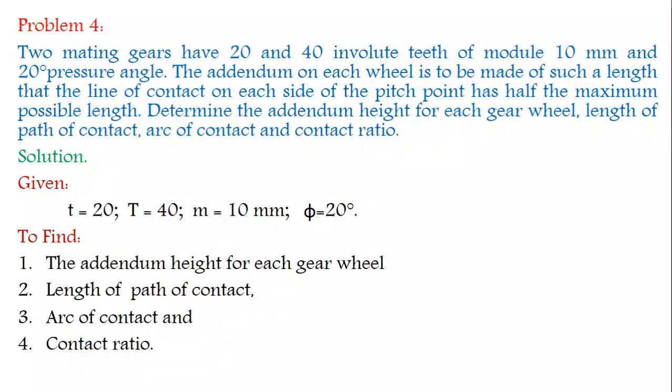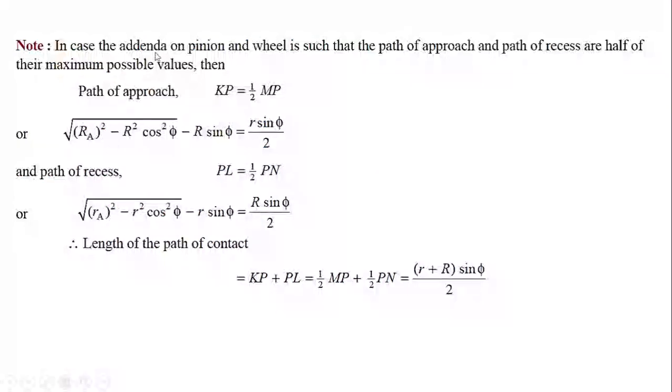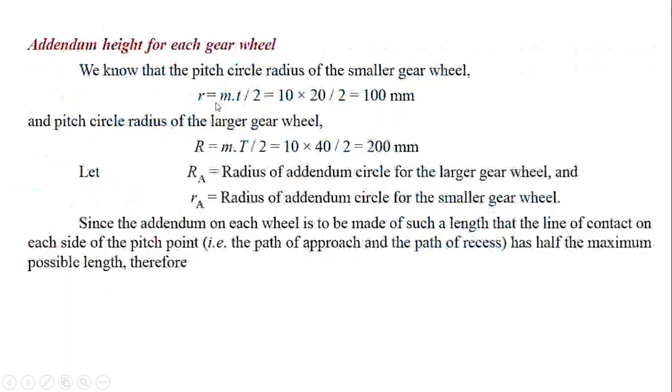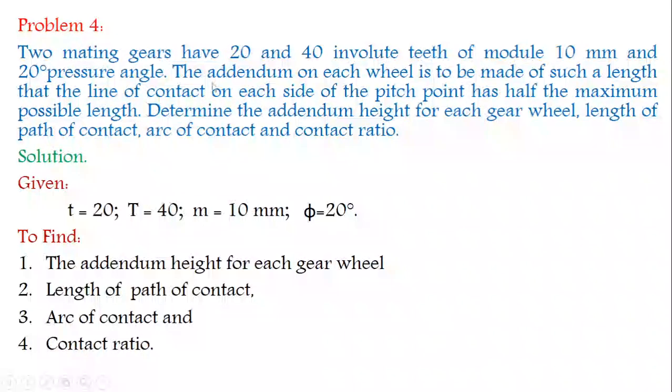You see in the note, this condition only is given in the question. The addendum on the pinion and wheel is such that the path of approach and path of recess are half the maximum possible length.